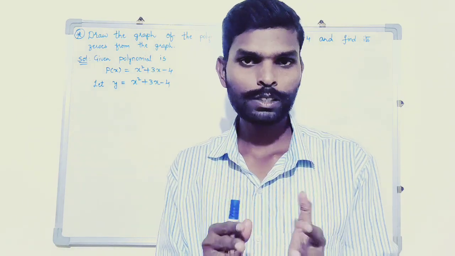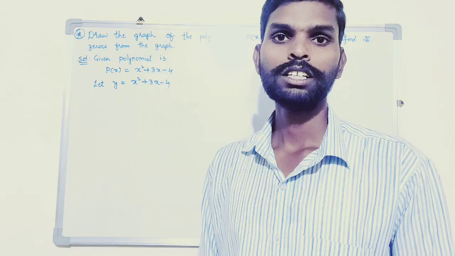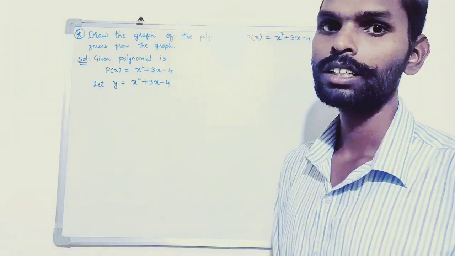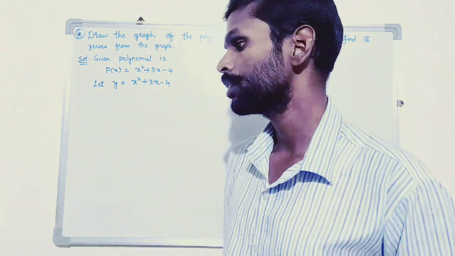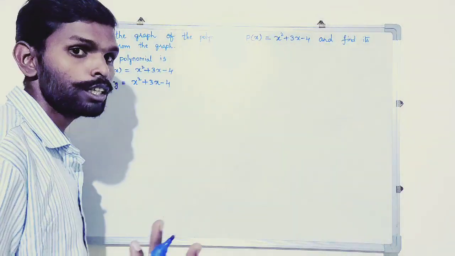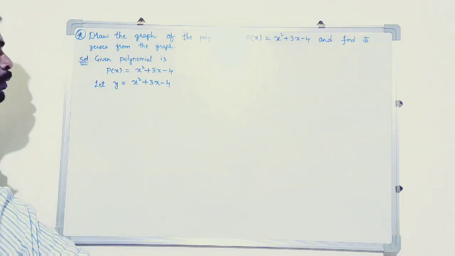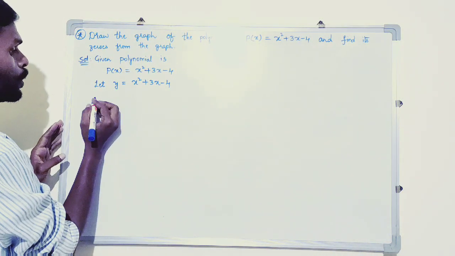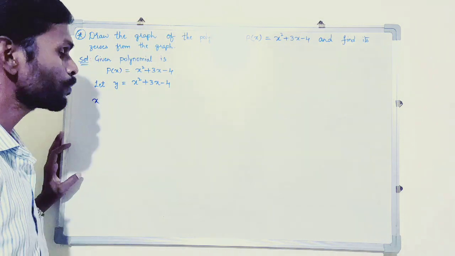By taking those values into consideration, you need to consider different values for x. It means whatever values you take, this plus 1 and minus 4 should be there. So now, how to construct the table, let us see. First of all, for constructing the table, you need to take x, because the variable is x here.